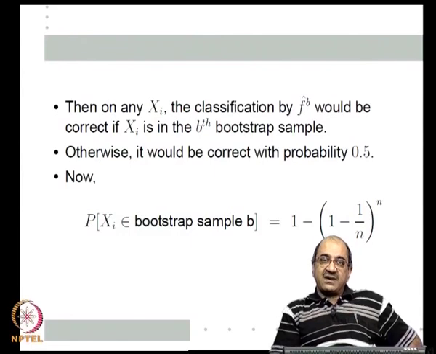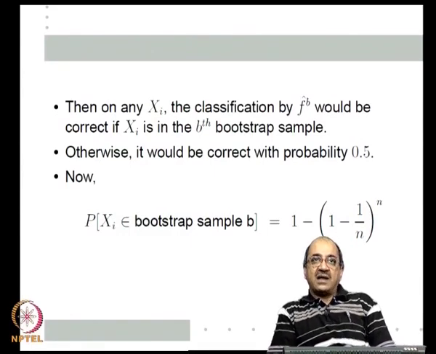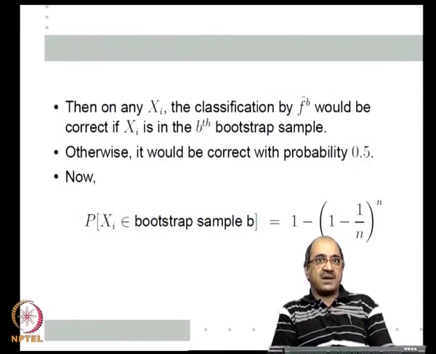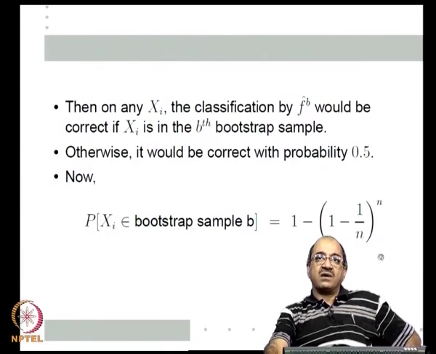When I did one sampling from the data, a specific xi not coming is 1 minus 1 by n. I did n such samples. So, the specific xi not coming is 1 minus 1 by n to the power n. So, xi coming is 1 minus (1 minus 1 by n) to the power n.